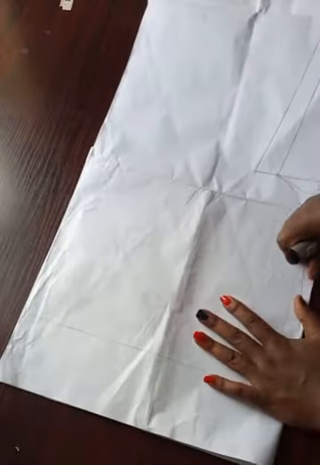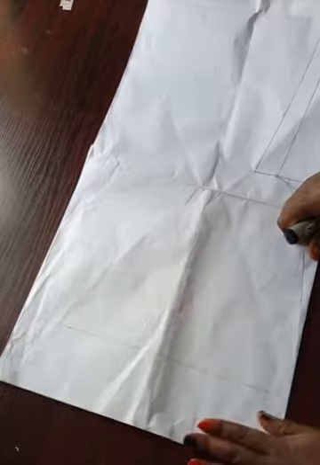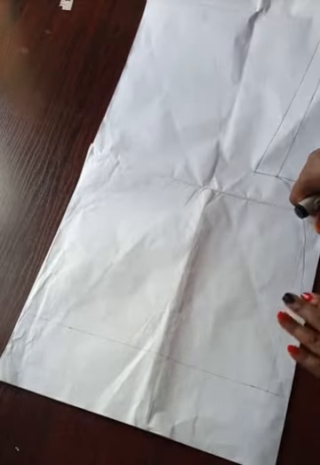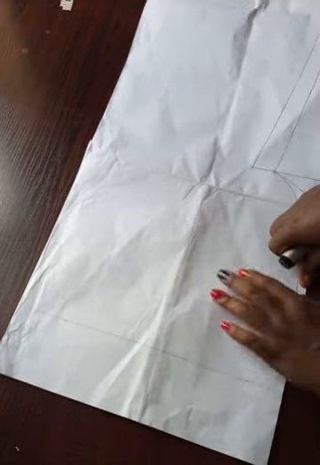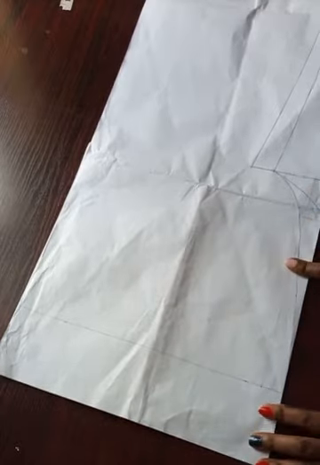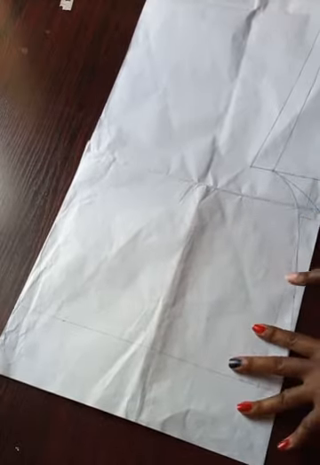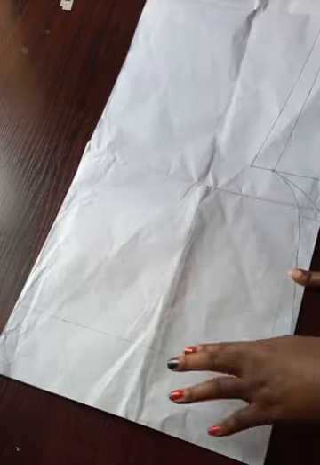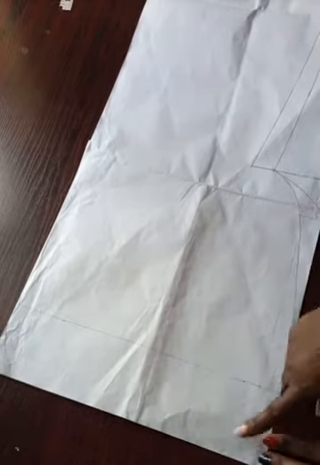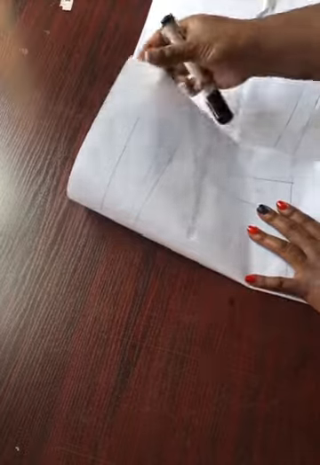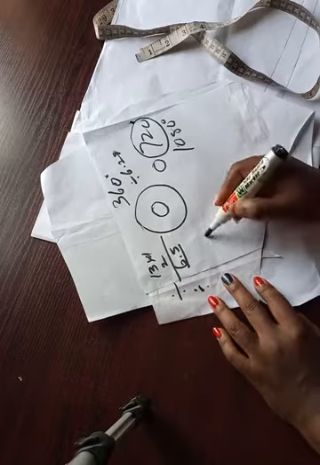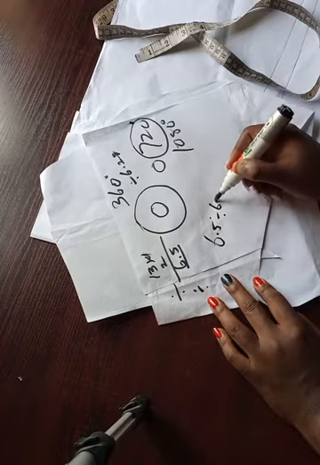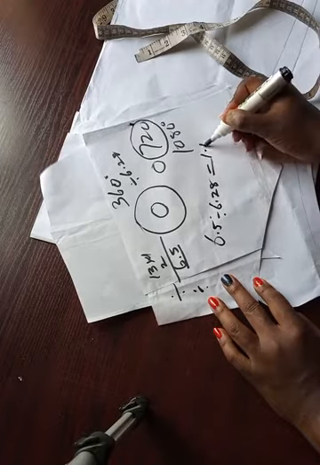What you're going to do is, once you get the radius of what you're working with, here we're working with 6.5, and we're dividing 6.5 by 6.28. Once you get the answer, you add the length of your flare to it. Let's assume we're working with the length of 5. So our answer plus 5 will give us the amount of flare that we need to put on fold this way, making it into 4 places. I hope you understand. So now 6.5 divided by 6.28 is going to give us 1.1.